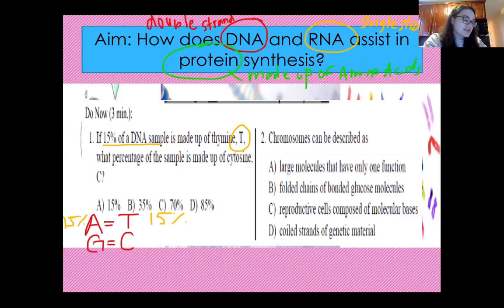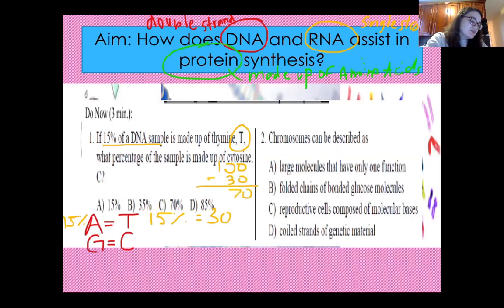Now, I hope you guys can add. If we add 15 plus 15 together, what does that equal? I hope that you said 30. If not, we need to talk. Now, if 30% of our DNA is made up of adenine and thymine, that means we still have 70% of our DNA left. 100% minus 30 is 70.